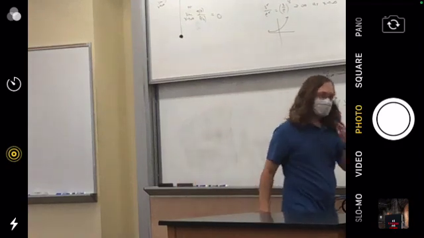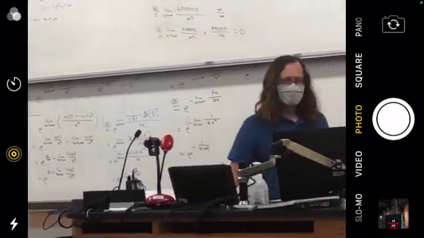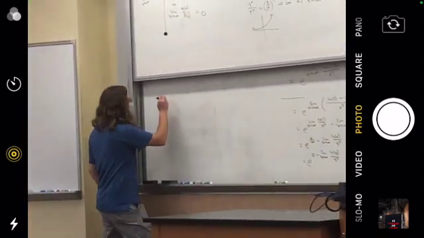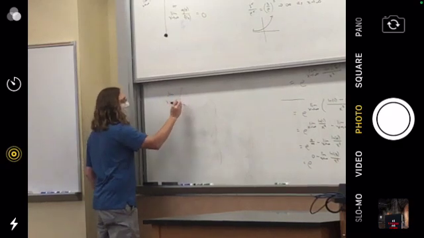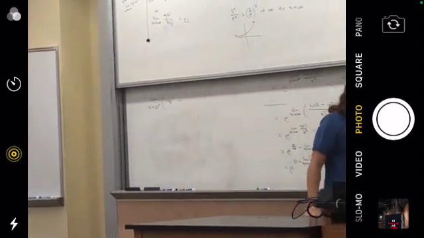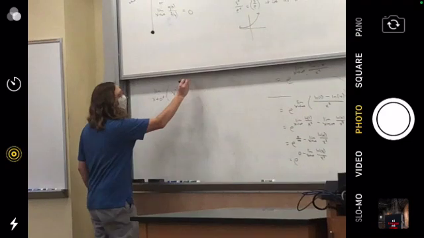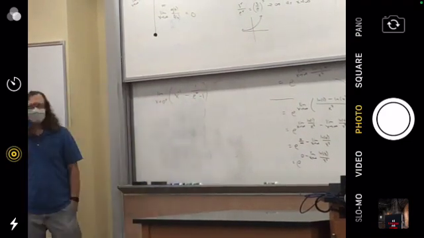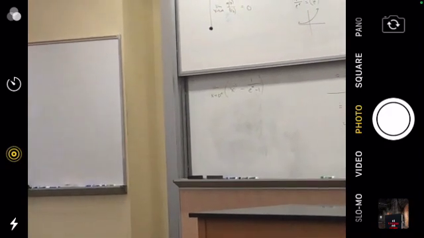So let's find the limit as x goes to 0 from the right of x to the negative 1 minus 1 over e to the x minus 1. It should be worse than most of your homework.